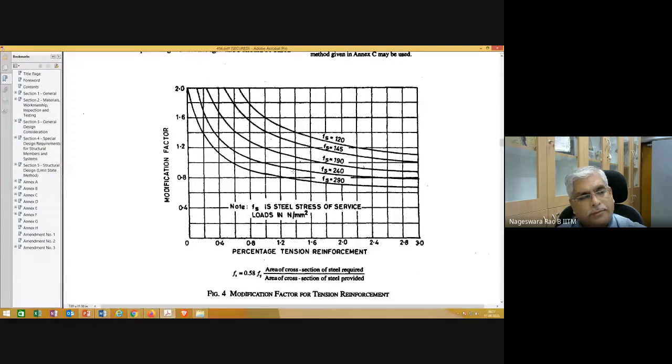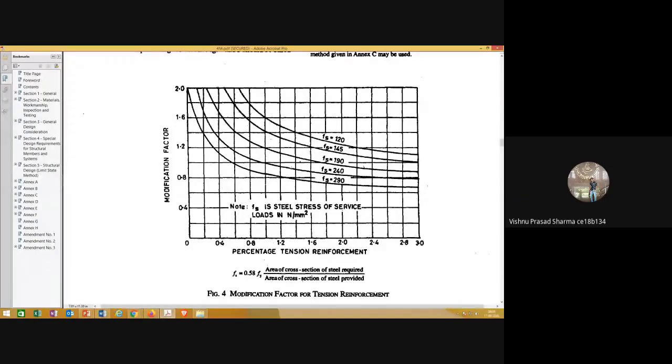What is that value? Quickly, what is the value? So 0.5 approximately we can take. 0.5.